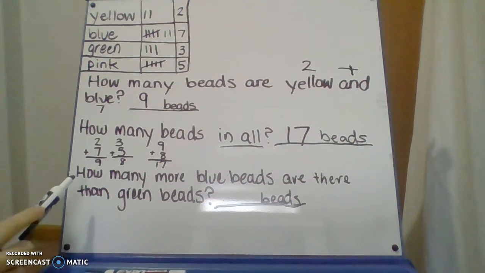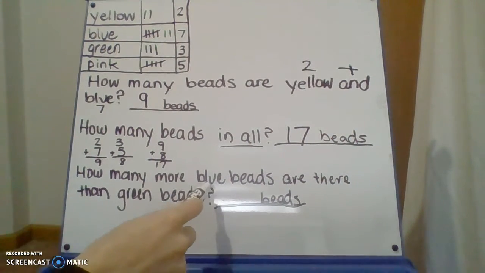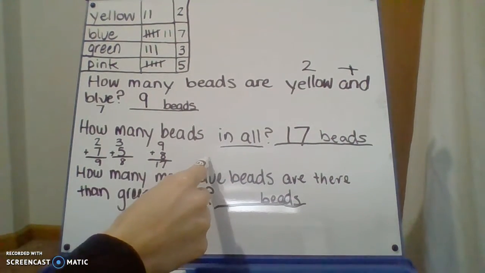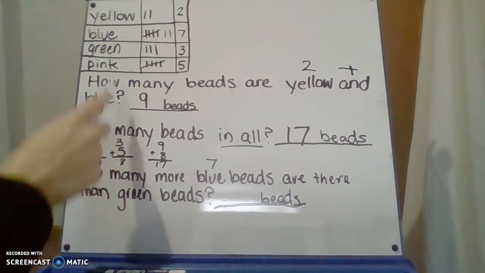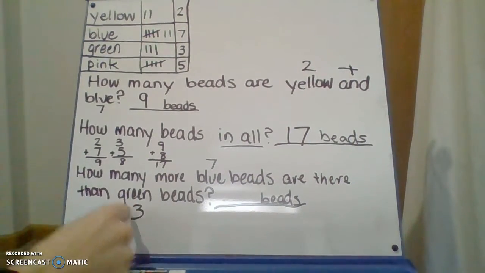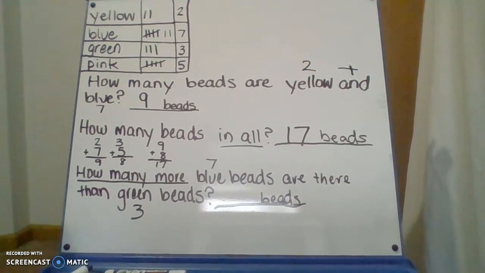Your next question says, how many more blue beads are there than green beads? Blue beads. I stop there. I'm going to write my number 7 on top. Blue beads in there. Green beads. Green has 3. How many more? This is a very important phrase right there.